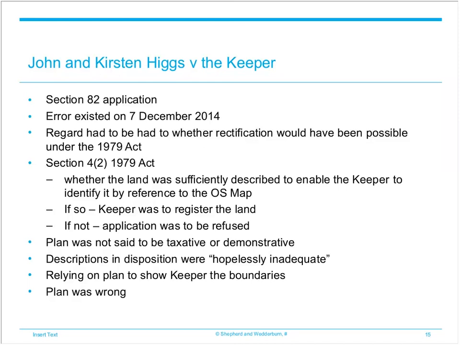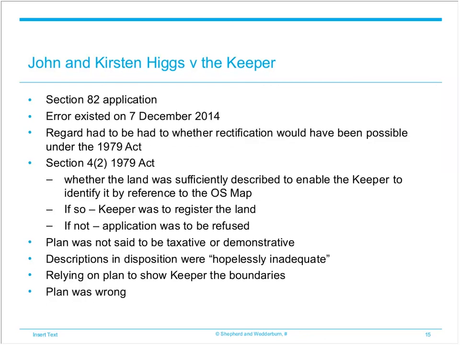boundaries. They said the fault wasn't the keeper's, but it was really that of the surveyors and the solicitors who had failed, by virtue of inadequate or insufficiently precise surveying and conveyancing, to give effect to the client's agreements. The road was quite plainly drawn in the wrong place, and the boundaries were described in the disposition in terms that were so vague and uncertain the keeper was bound to be driven to rely on the plan.